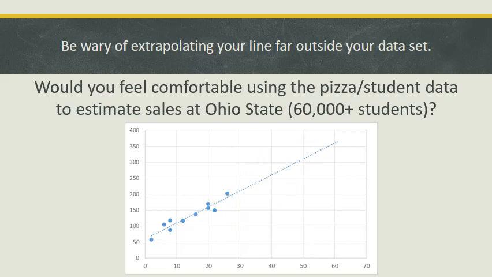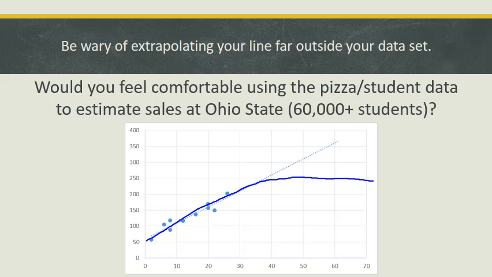For example, we could estimate pizza sales at Ohio State University with over 60,000 students by extending our best fit line out to where x is equal to 60. But this is so far away from our data set, and we have absolutely no proof that this linear trend goes on forever. It's entirely possible that pizza sales increase for a while and then flatten out and level off after a certain point.